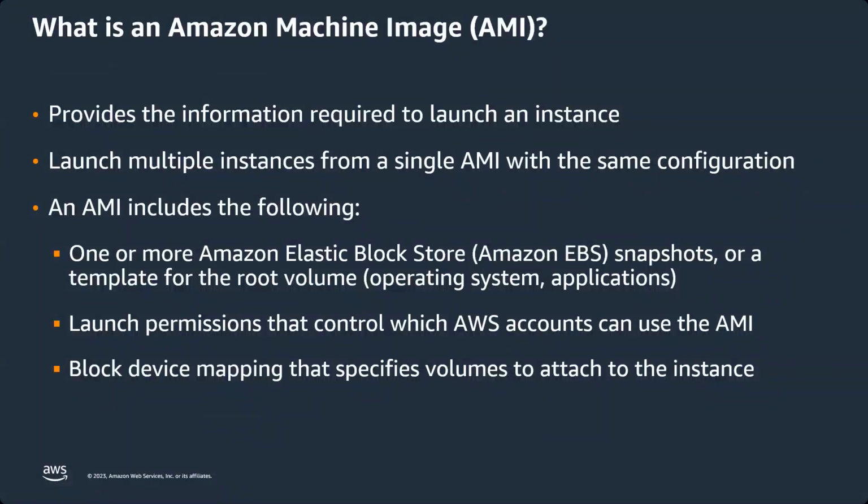You can also launch multiple instances from just one AMI. For example, if someone configures an AMI and then saves it, other users from that account can use that AMI to start other instances.